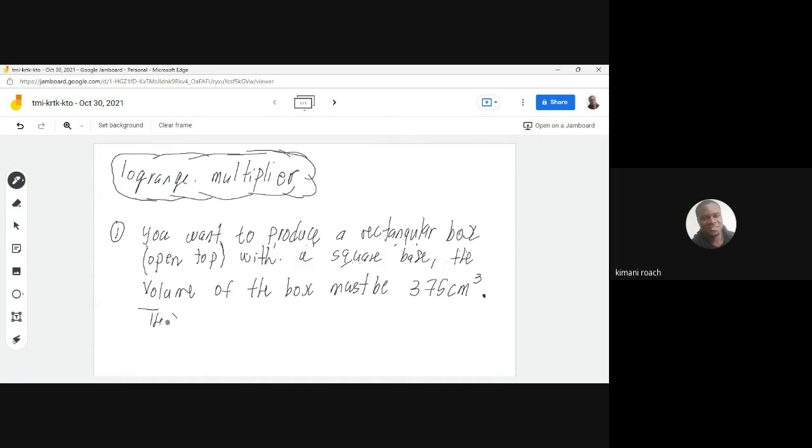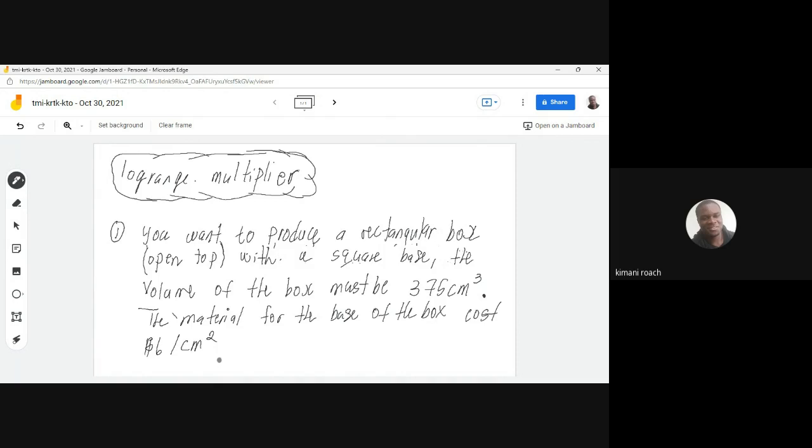The material for the base of the box is going to cost $6 per squared centimeter.